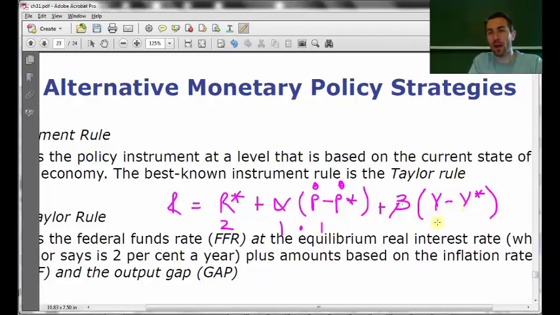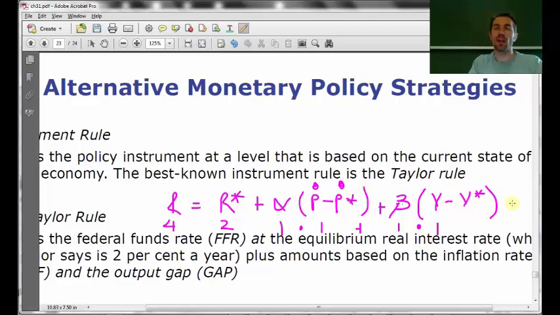Let's say we are above, I've just got here Y, but it's actually a percentage measure. Let's say we're 1% above full employment. And again, let's make beta 1 just to make our lives easy. Then what should our interest rate be? It should be 2% plus 1% plus 1% makes 4%. In other words, raise the interest rates above the long run equilibrium level because inflation is greater than the long run level and output is greater than the long run level.